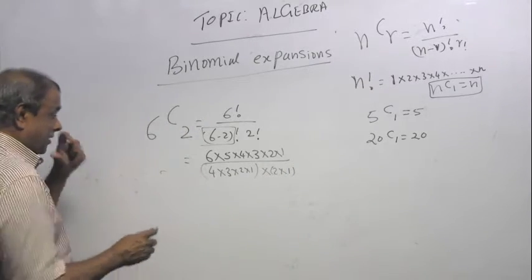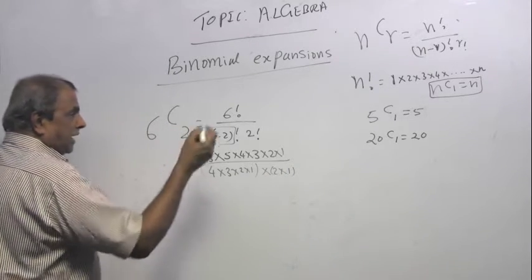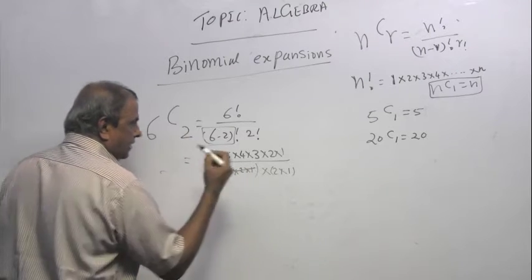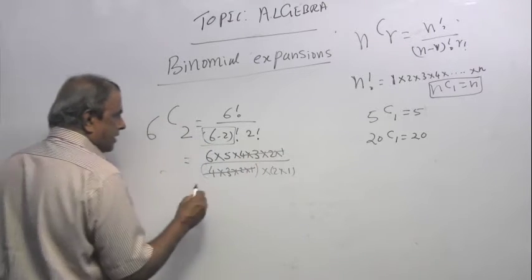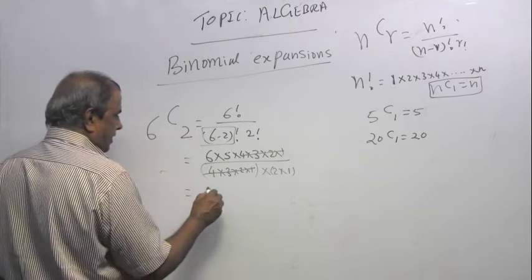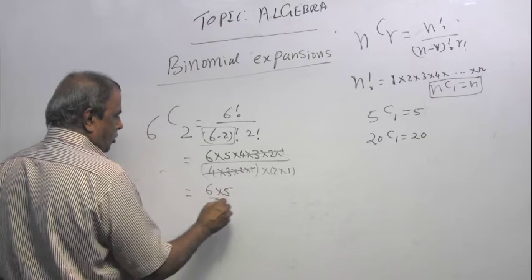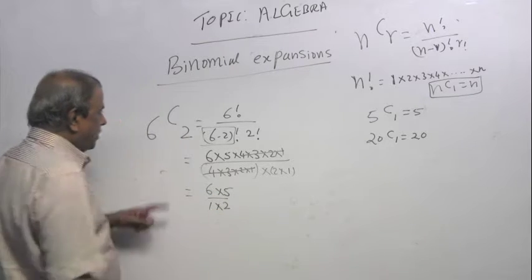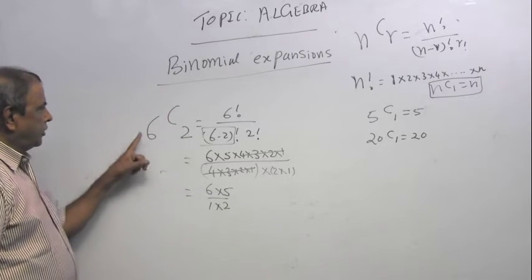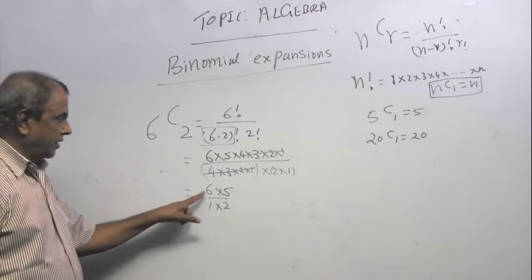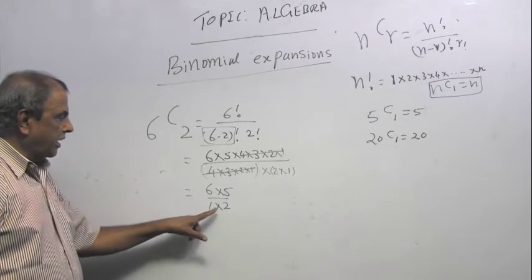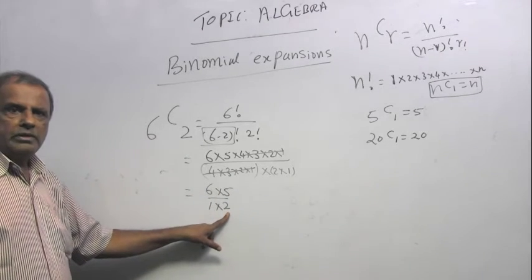Now, do you realize I'm looking at a pattern? So I'll cancel that. That will be 6 times 5 over 1 times 2. So to find 6C2, start with 6, write 2 numbers, divide by 2 factorial.